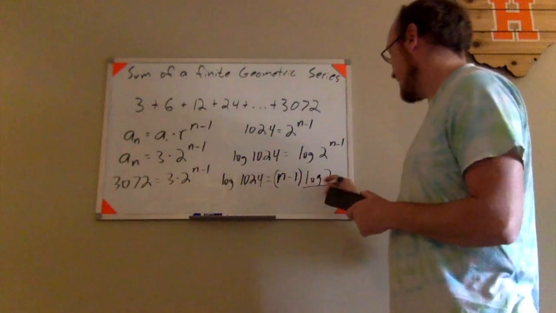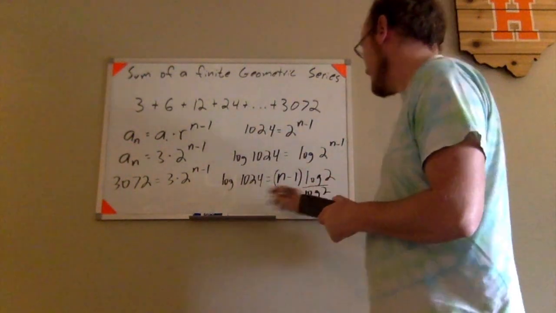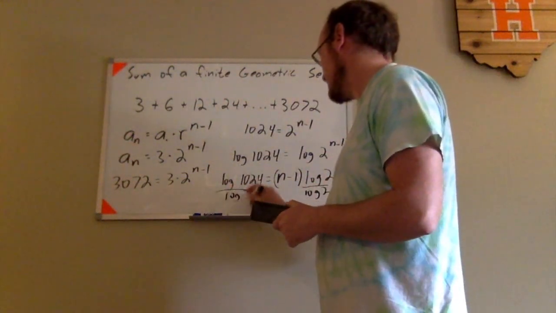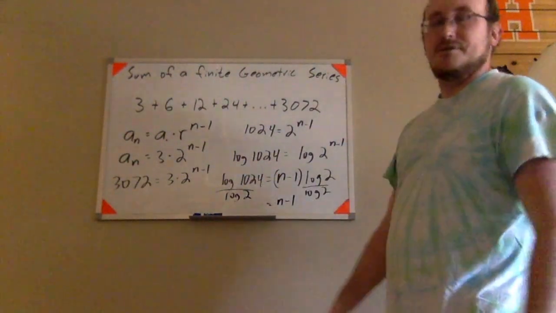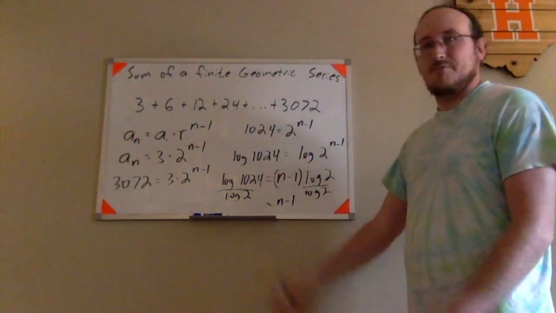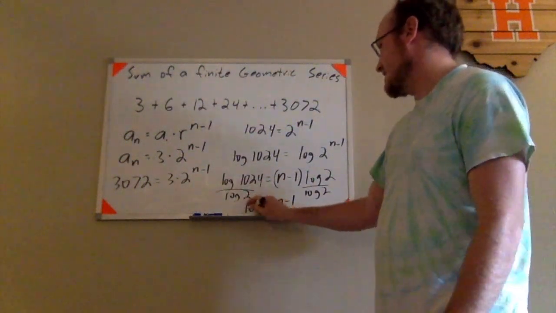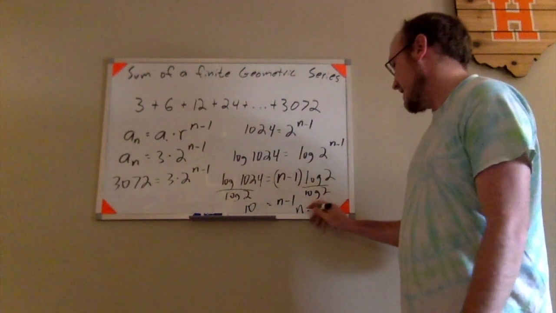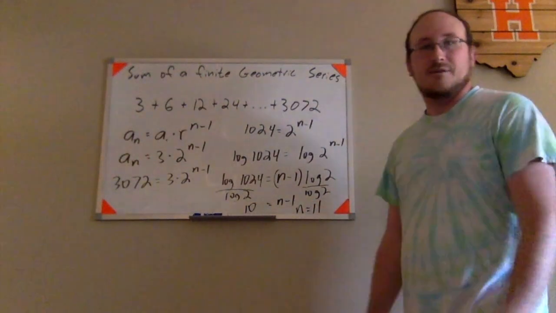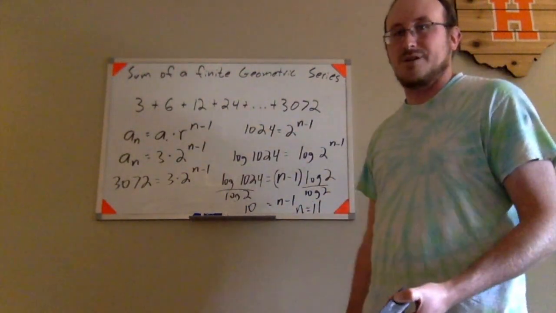I can divide both sides by log of 2. If you go to your calculator and you do log of 1024 divided by log of 2, you're going to get that that is equal to 10. And then you can add 1 on both sides, and you'll still get that n is equal to 11, regardless of how you go about solving that exponential equation.